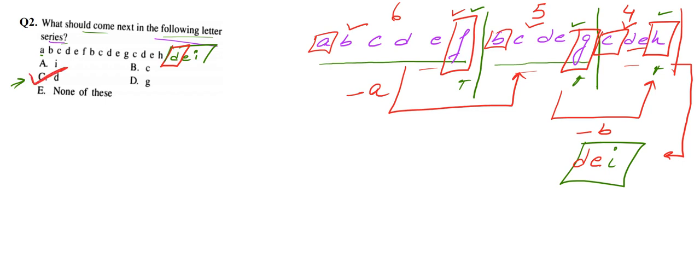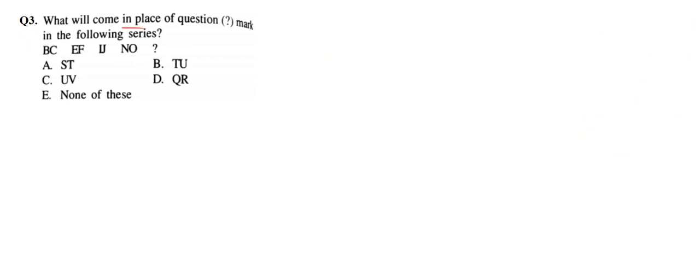Now let's move on to the third question. So here is our third question, which says what will come in place of the question mark in the following series. So you can check, we have a question mark here and we have a series here. So let us write our series over here. So we have BC, then we have EF, then we have IJ, then we have NO. So you can check, this maintains a perfect series.